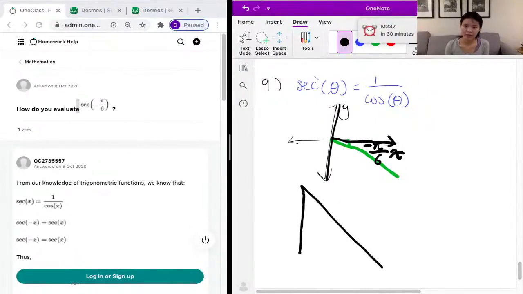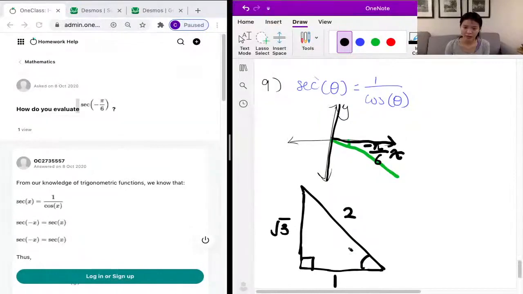Next, in order to find the exact value of pi over 6, we just use our special triangles here. There are 2 special triangles, and this is just one of them. For this triangle, the angle here is pi over 3, and the angle there is pi over 6.